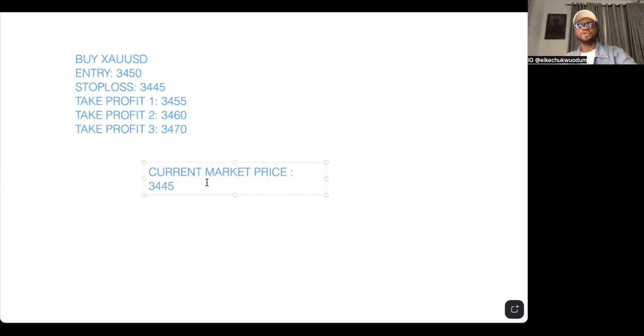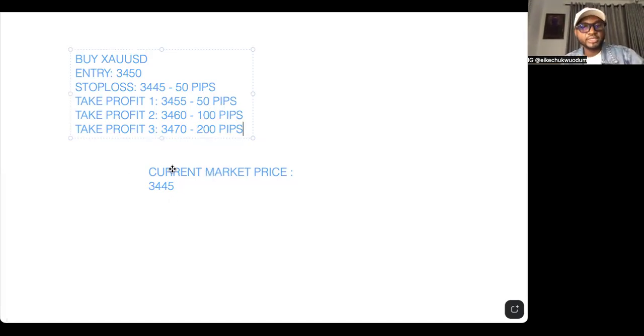So once you know your pips, the next thing you need to know would be how to calculate how your lot size and the pips translate to the amount of money you are making or losing.